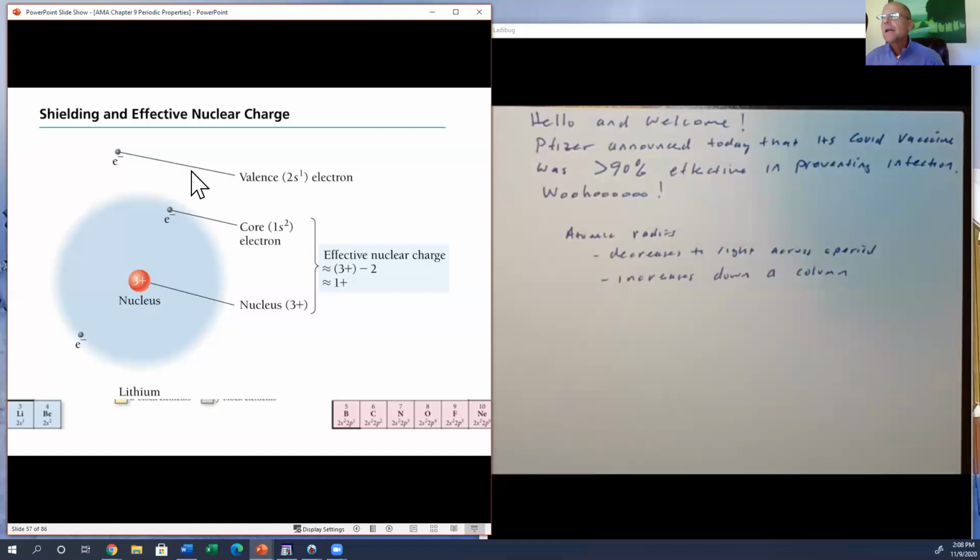But we add an electron to the n equal 2 principal quantum number, right? So we're not adding core electrons, but we are adding nuclear charge.